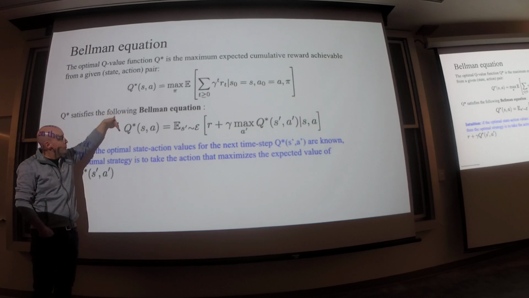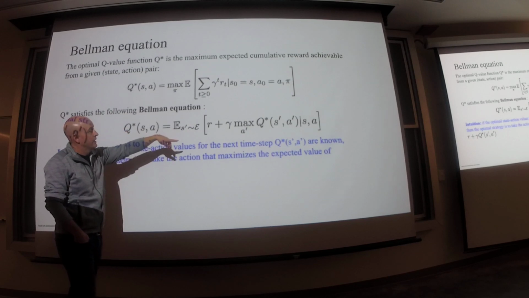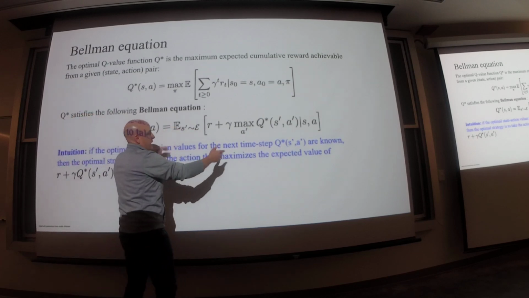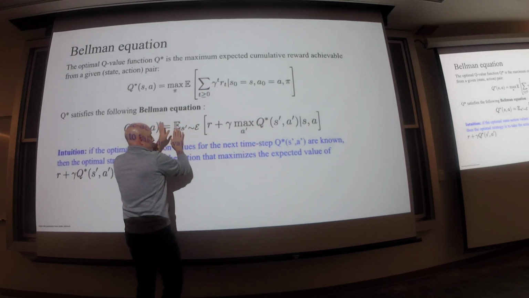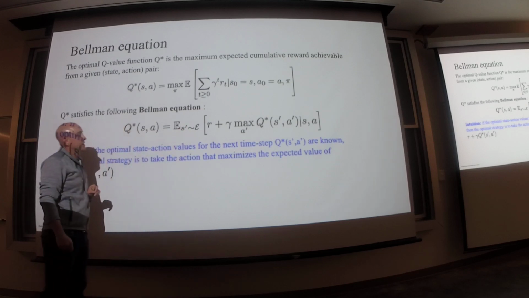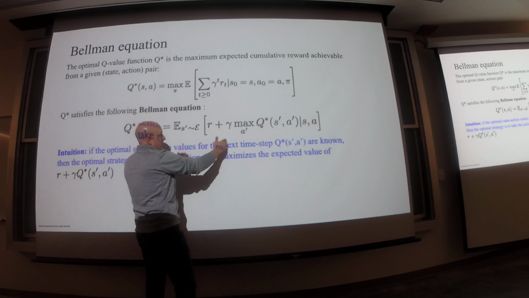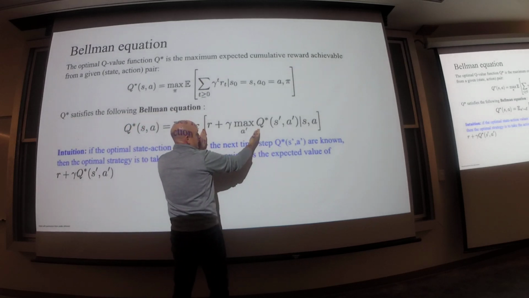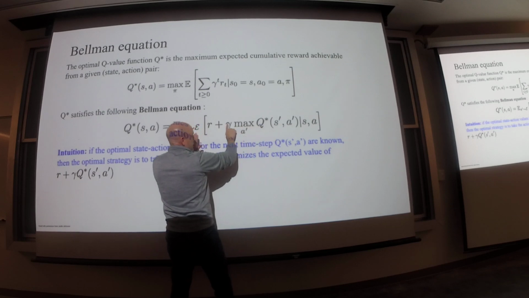So for any state and action pair, you can define the optimal Q value function in this way. Let's break this apart. I have an expectation over all of my possible states, and I have this discounting factor coming in here.